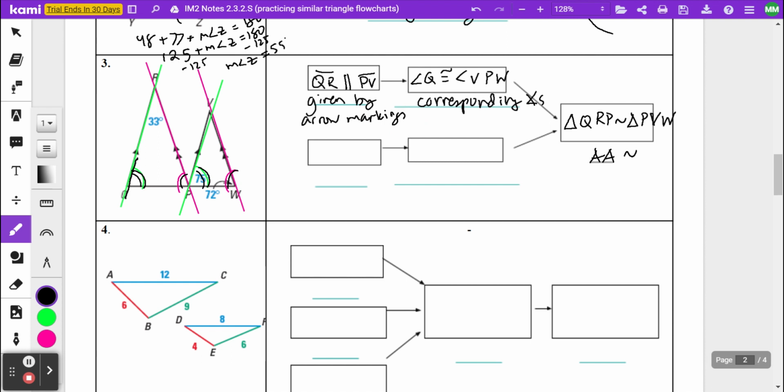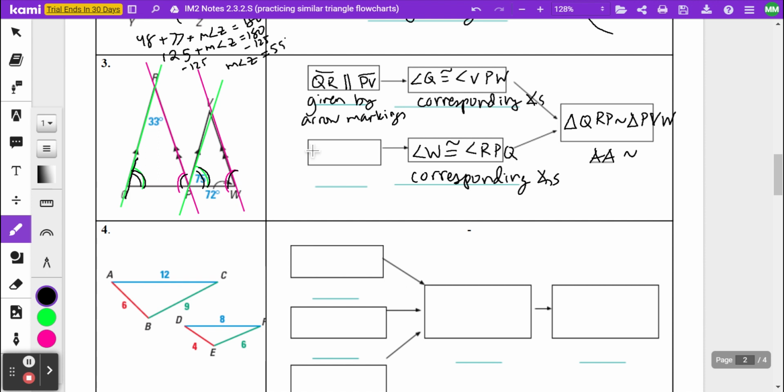Next, angle W is congruent to angle RPQ, again by corresponding angles. And that is only allowed if I provide evidence of parallel lines.